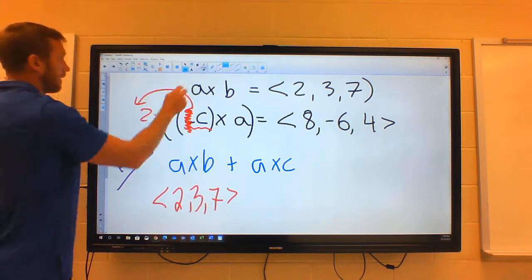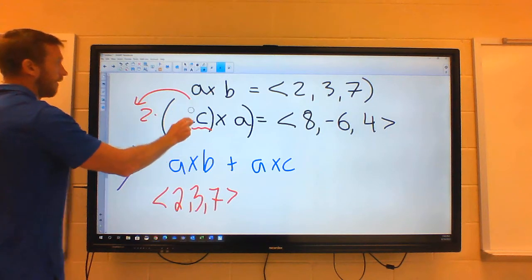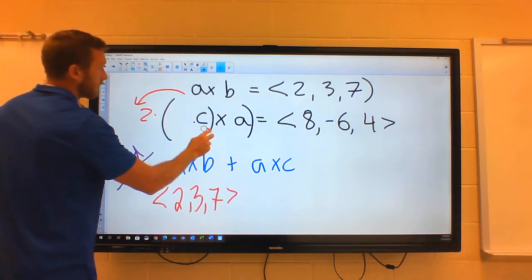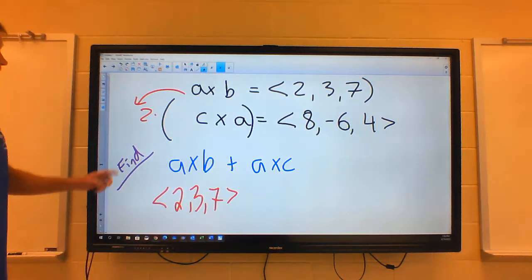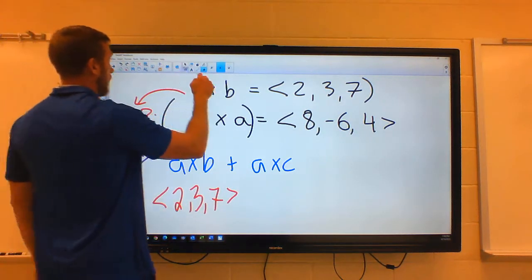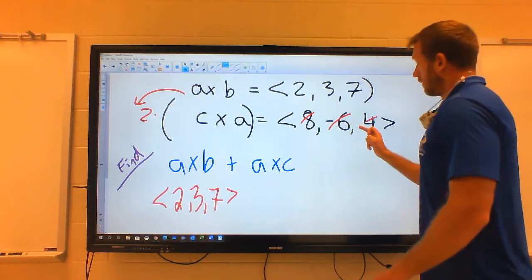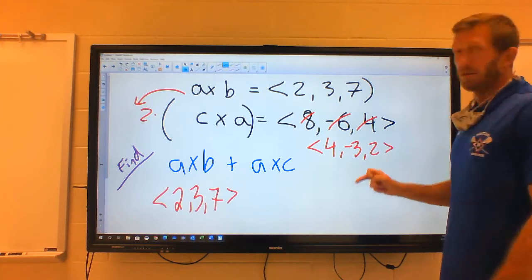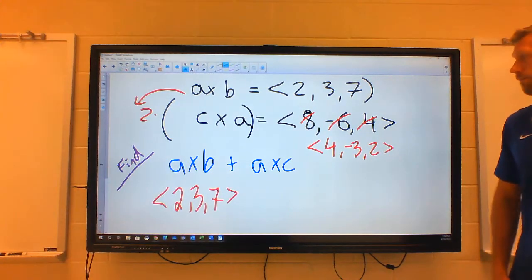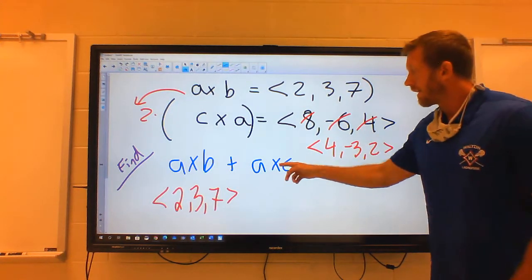And in reality, what we have is now we know what C cross A is once we divide that 2 over on the other side. So C cross A is 4, -3, +2. Well, C cross A, that's not what I want.